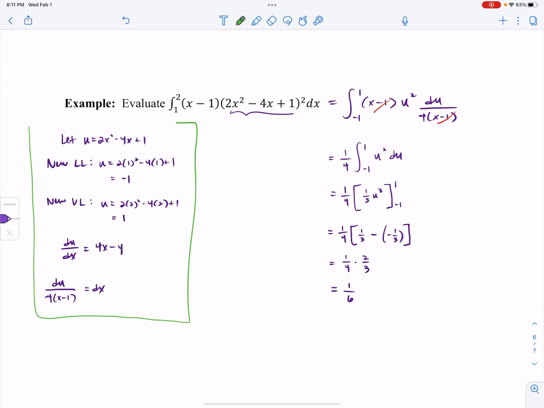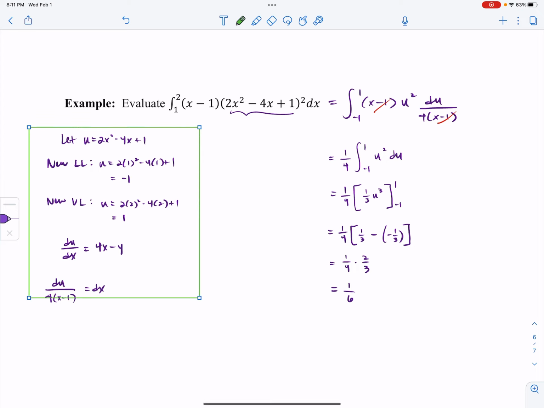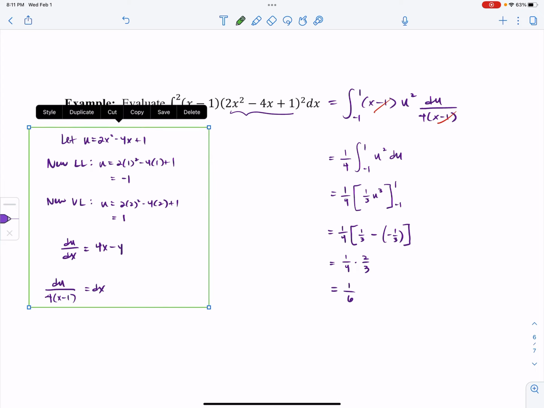Okay, and side work is over here. Okie dokie, so that's the integration by substitution method.